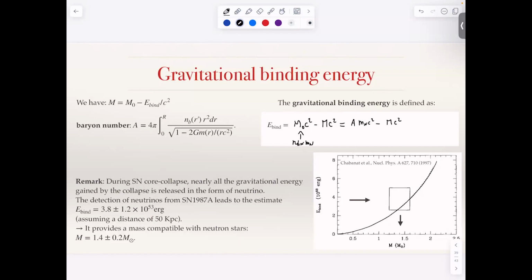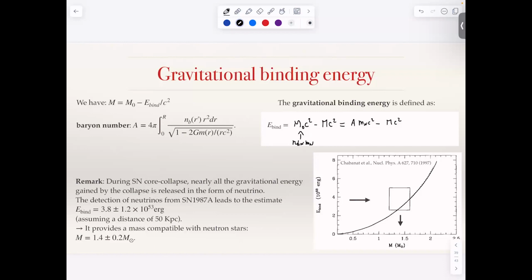So the binding energy is A, the number of particles, times the mass of my nucleons, c square, minus the mass of the star. It can be more complex if you have not only nucleons but hyperons and leptons, but let's consider a very simple system.